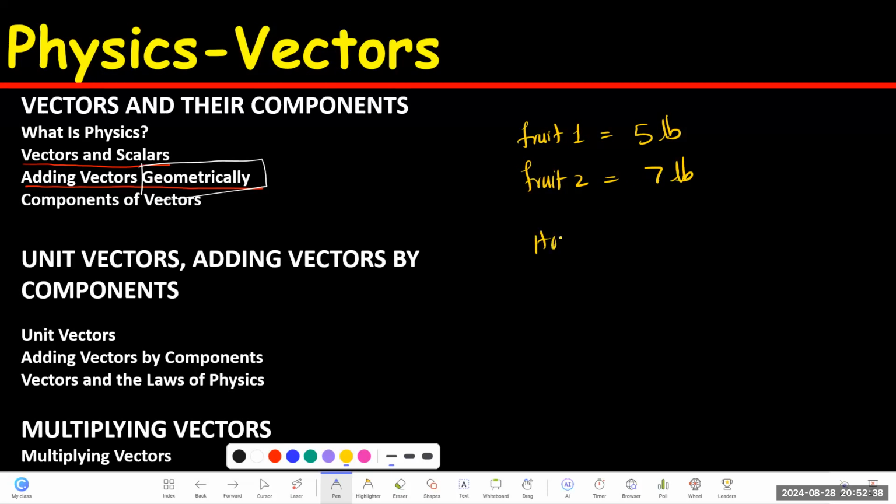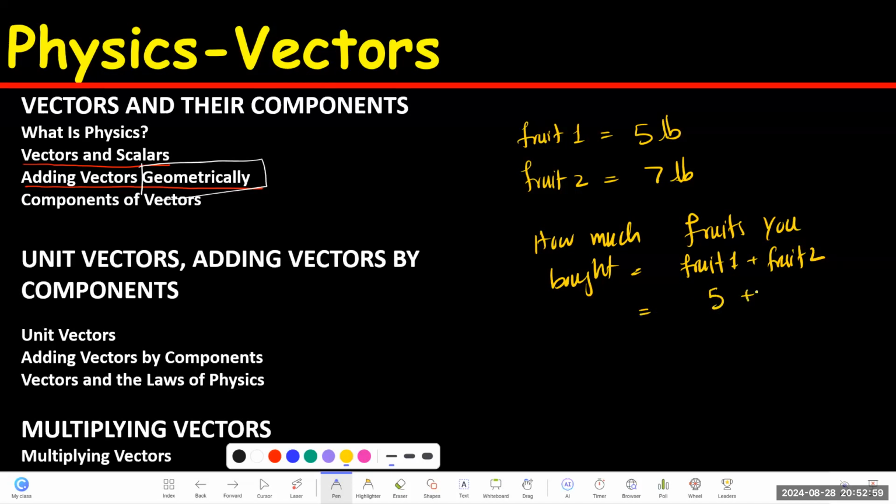So in total, how much did you buy? You're going to say, route 1 plus route 2, and then adding together is 5 plus 7, which is equal to 12. And that is your answer.